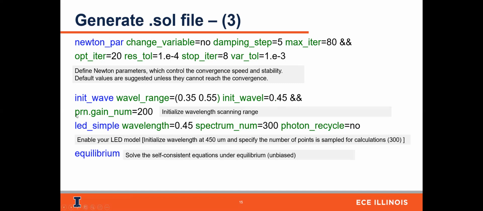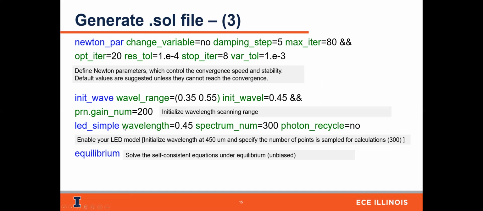And this number is the number of points sampled within this wavelength range. So the higher, the better, the more accurate the results. If you want to extract a peak emission wavelength, you need to set this number to be much higher so that you can get more accurate results.